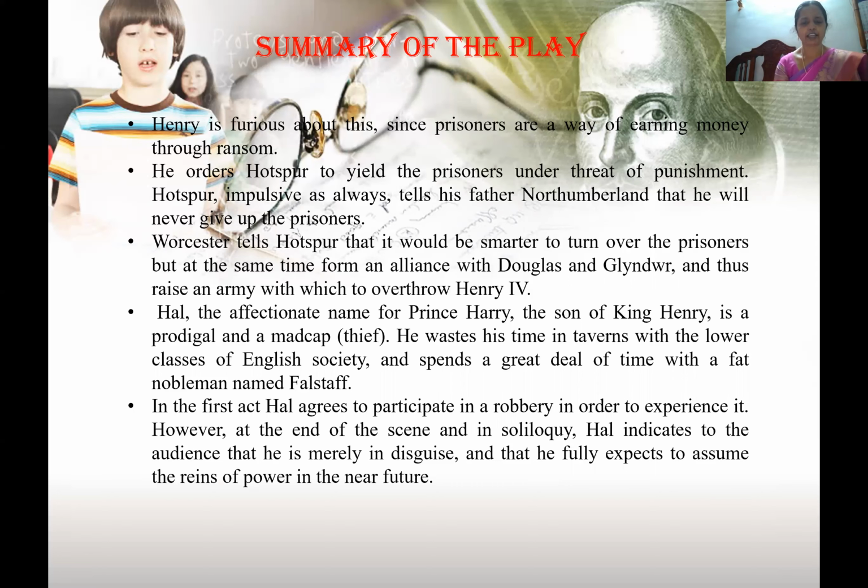In the first act, Hal agrees to participate in a robbery in order to experience it. However, at the end of the scene, in soliloquy, Hal indicates to the audience that he is merely in disguise and that he fully expects to assume the reins of power in the near future.